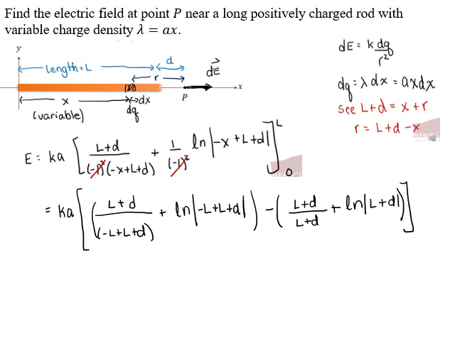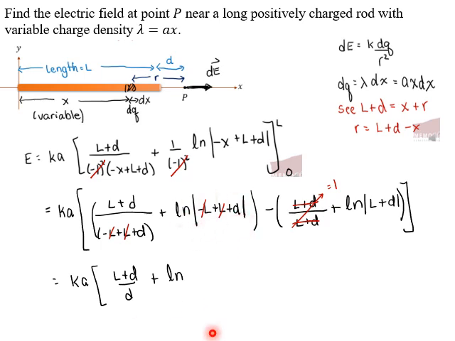Let's look at what we've got going on here. Minus L plus L, those sum up to be 0. That happens here as well. Over here we've got L plus D on top, L plus D on bottom, so that whole term is just equal to 1. So let's write that out again, make it look a little nicer. We've got K times A outside of L plus D divided by D plus the natural log of D. I've got an absolute value symbol here.